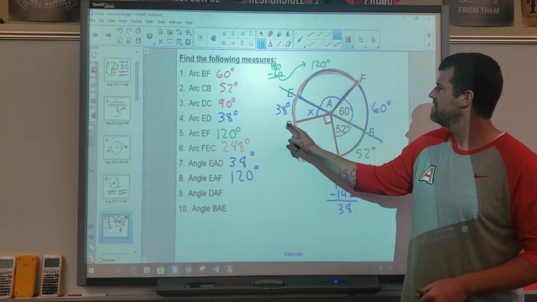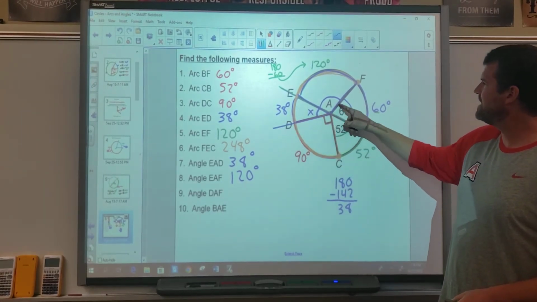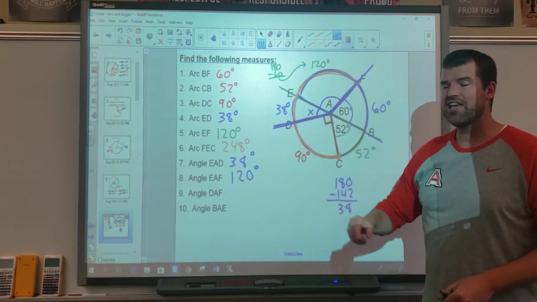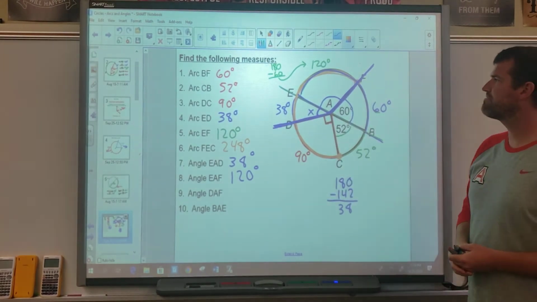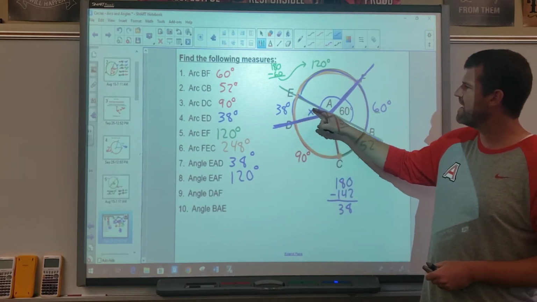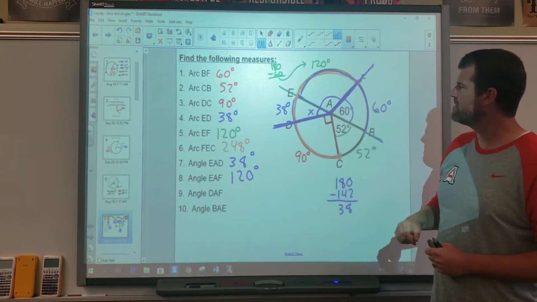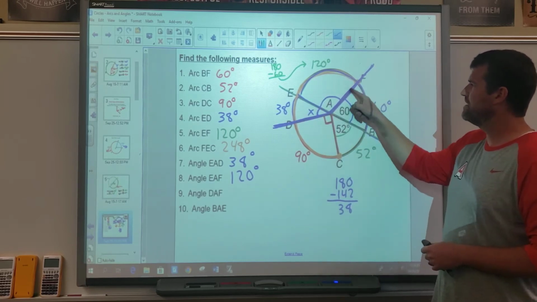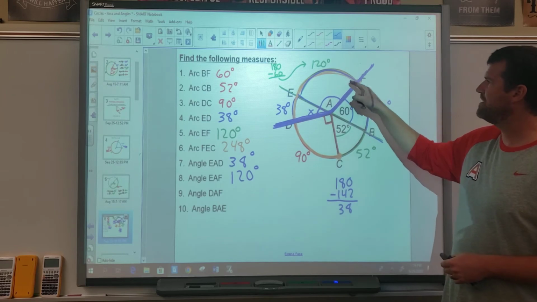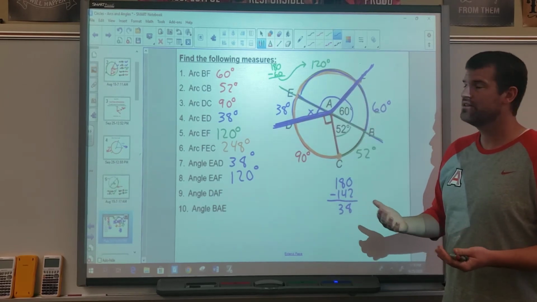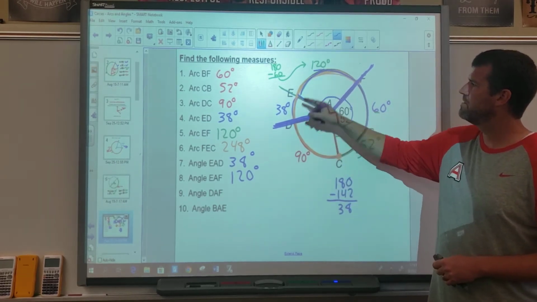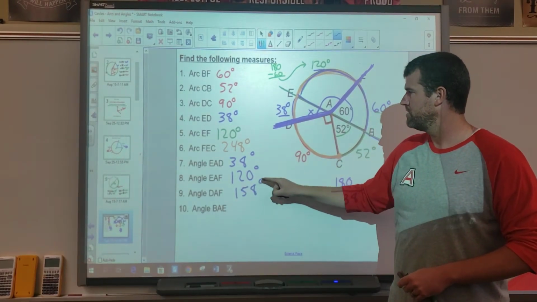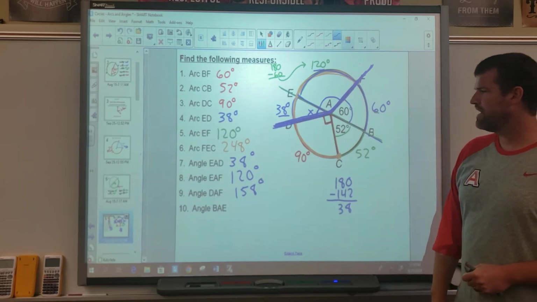Hopefully you can still figure out where we're going here, but DAF, this angle here. This goes back to angle addition that we did the first week of school. I know that this angle or arc were 38 degrees, and this one was 120. So if I need the whole thing, I'm just going to add those two pieces together. So I get 120 plus 38, 158 degrees.